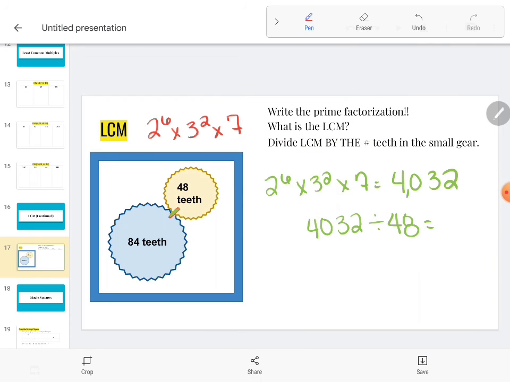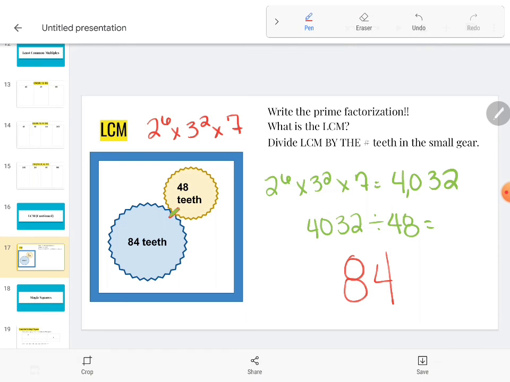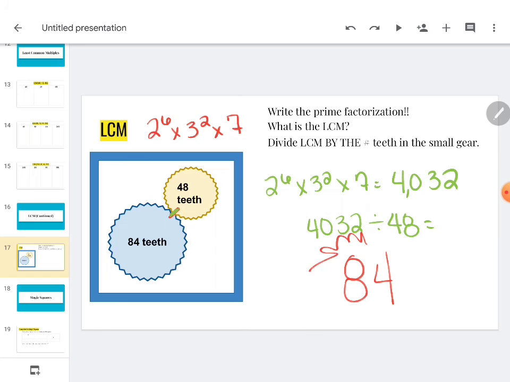We know that 4,032 divided by 48 is going to be 84, which means that our small gear needs to rotate a total of 84 times before those 2 points will meet again.